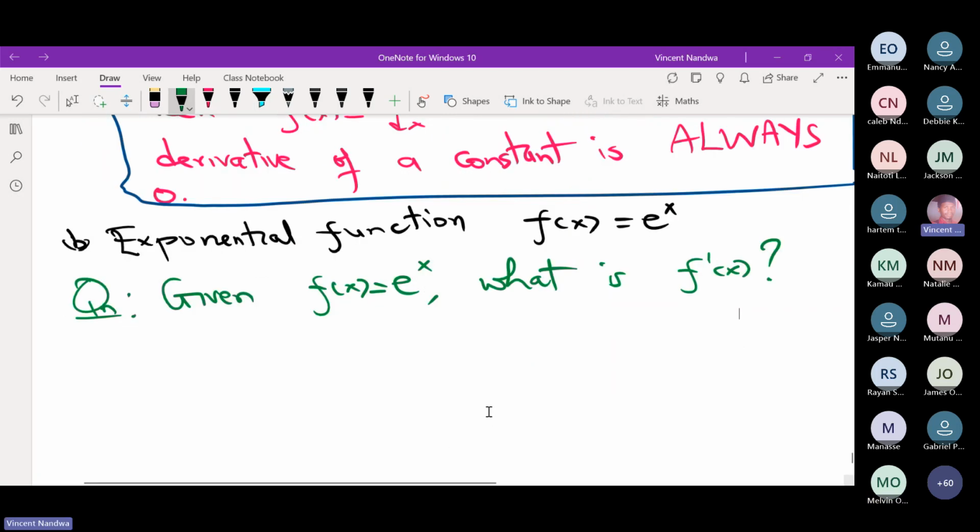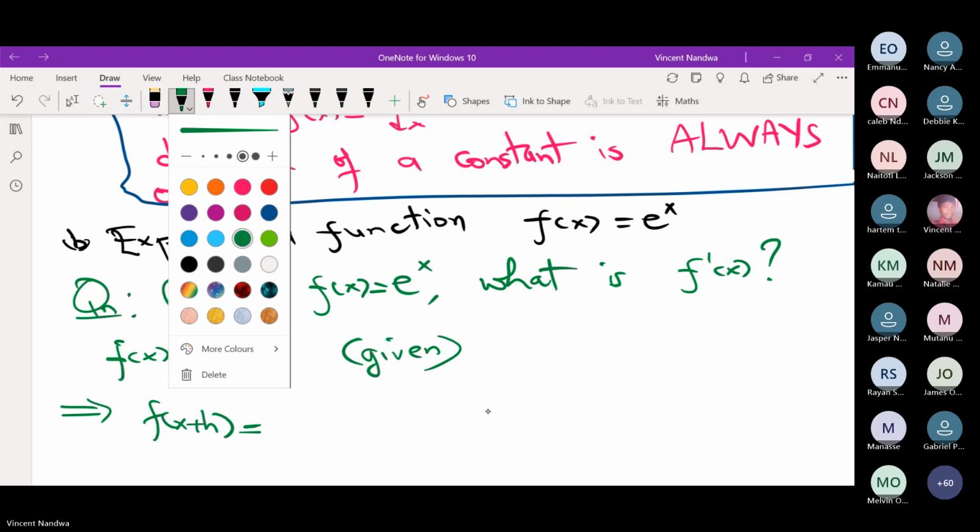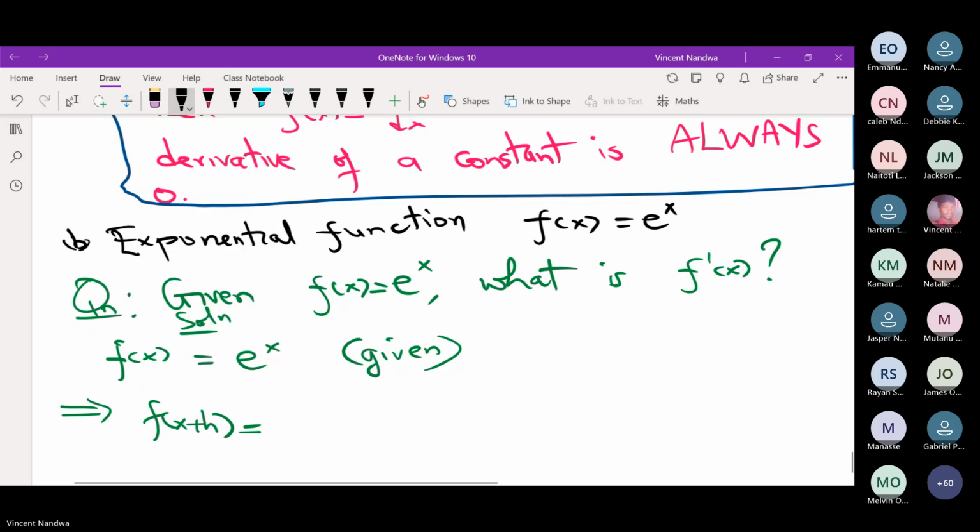So we'll do the same thing. F of x is given by e power x. So which implies f of x plus h will be? E power x plus h. Correct, e power x plus h.